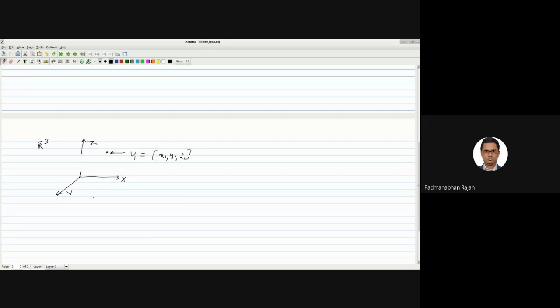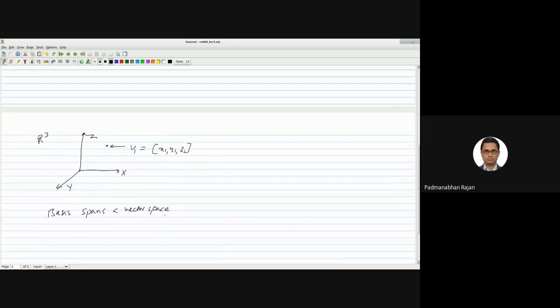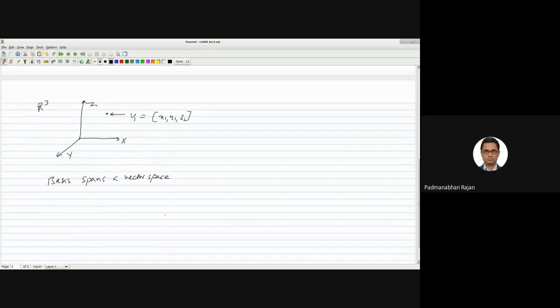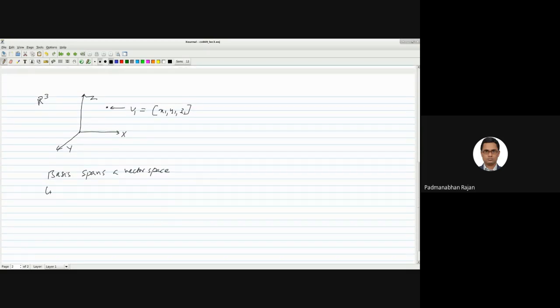And to define a vector space, you have a set of basis functions, or set of bases. So a basis is a set which spans the space. We will see basis in a minute, but one way to combine vectors is by taking a linear combination, which you might be familiar with already.